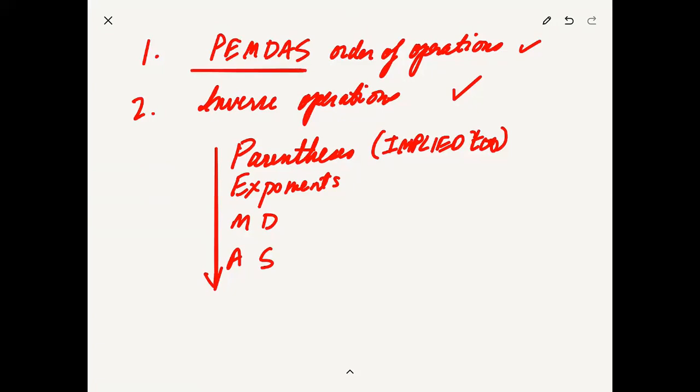You need to know when you have a bunch of operations being put together, what should come first, what should come second, what should come third, etc. The other thing is you have to know what the inverse operations are. So first thing, you need PEMDAS. Second thing, you need to know what inverse operations are.